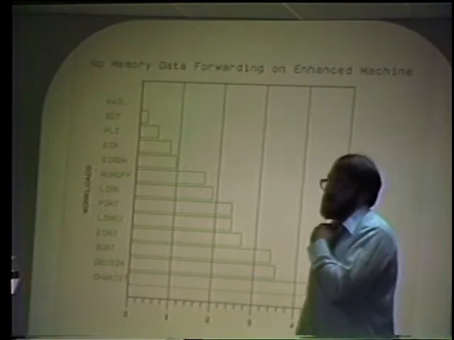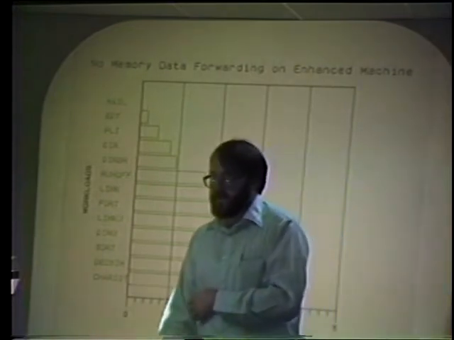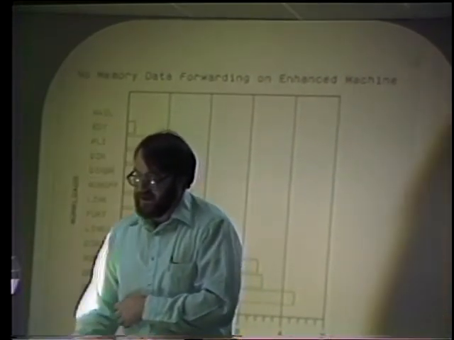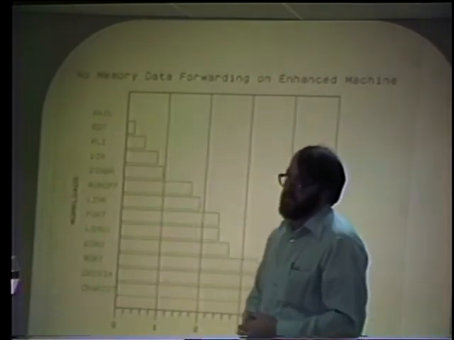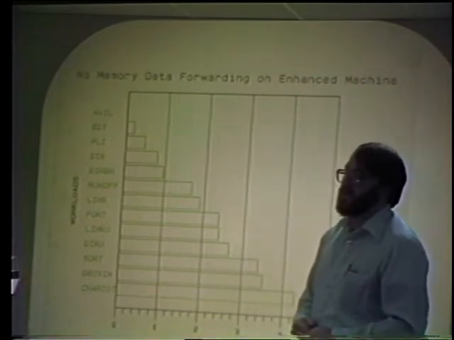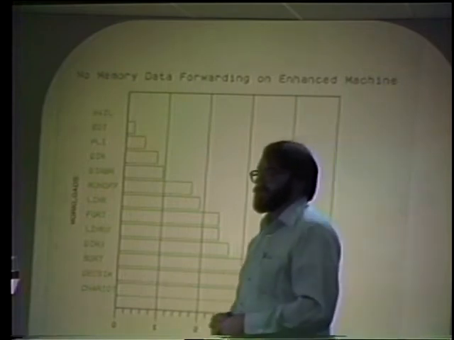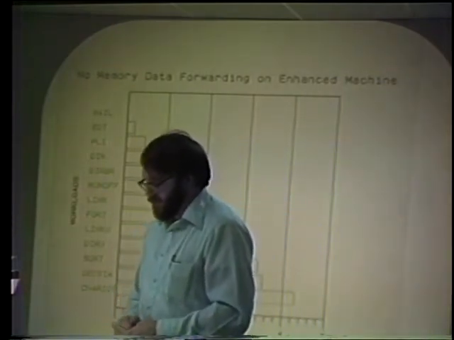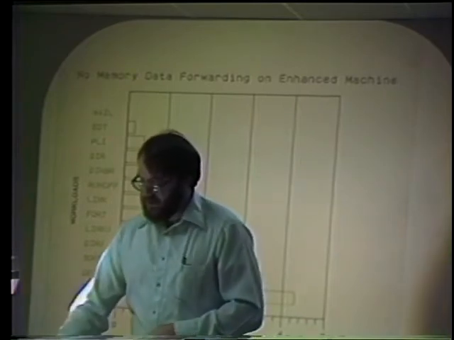And so this is another good negative result because now it gets rid of a lot of complexity that you might have wanted. Now, in fact, this result may turn out to be somewhat different if you run a lot of Fortran loop style things for scientific computation. I don't know. I haven't really run those. But for these kinds of codes, it doesn't bite.